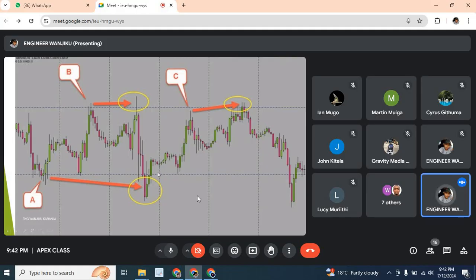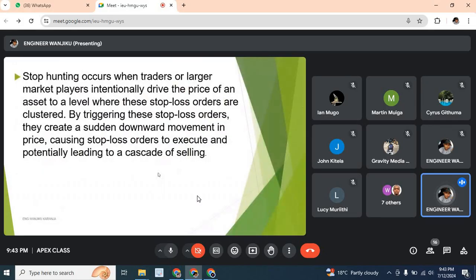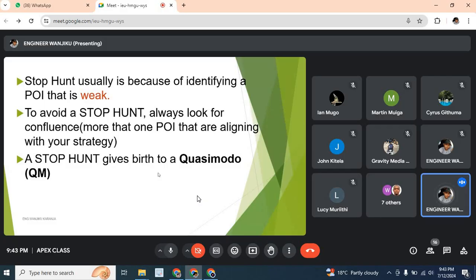So how do we avoid these stop hunts? This brings about what we now call the Quasimodo level, or the Quasimodo pattern. So just to finish up on this note, stop hunts usually happen because of identifying a POI that is weak.